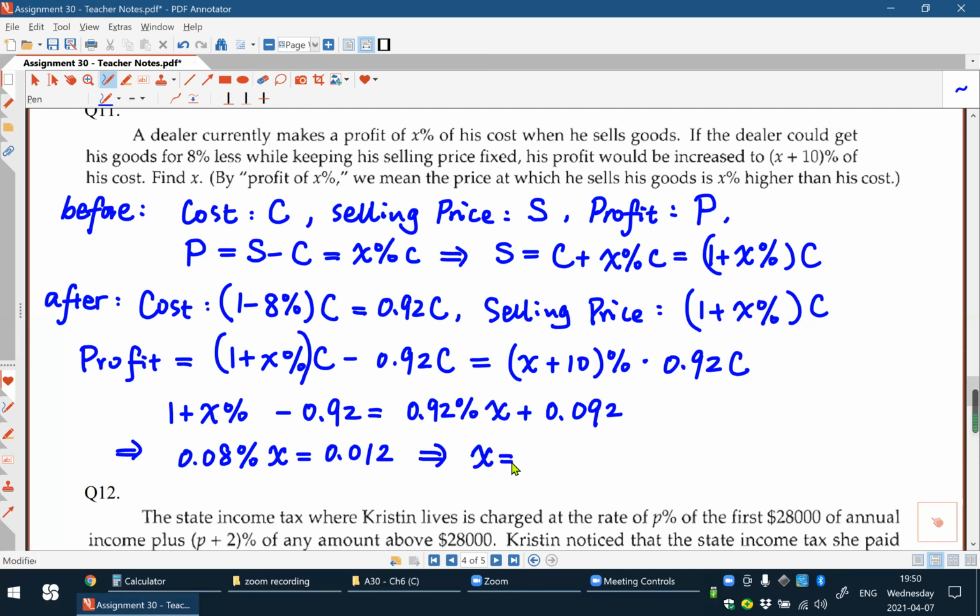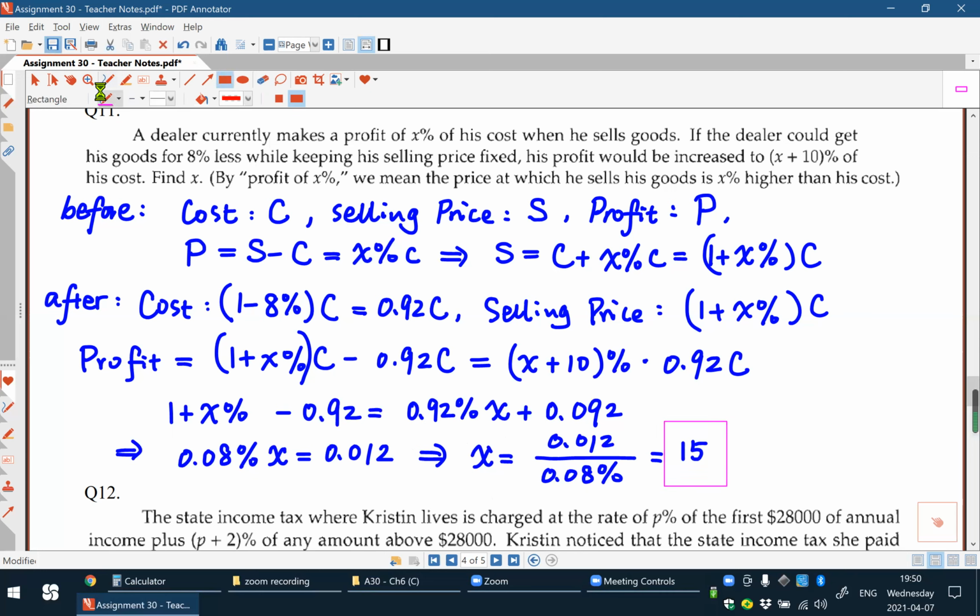And X is 0.012 over 0.08%, which is 15. So the value of X is 15. This is our final result.